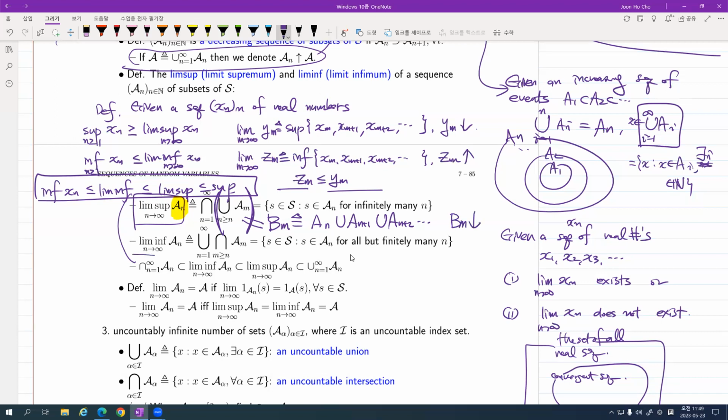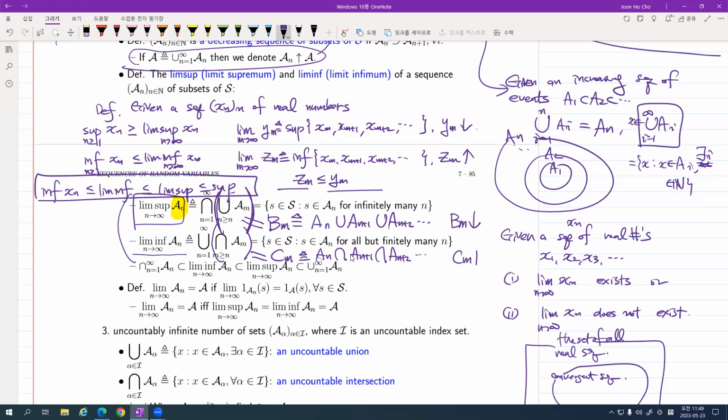What about lim inf? Here you have C sub m, that is A sub n intersection A sub n plus 1 intersection A sub n plus 2. Even though this is not a precisely mathematical expression, it is more appealing to our feeling, right? And what happens?